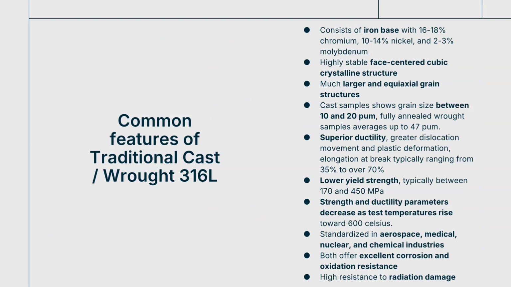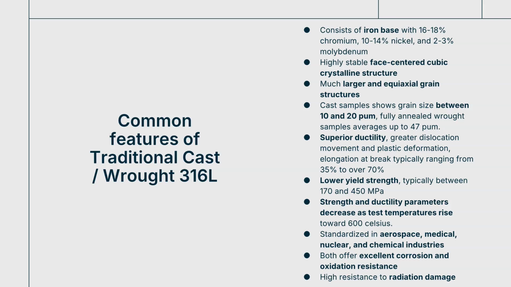Here are the common features of the traditional cast and Wrought 316L. They all consist of an iron base with 16 to 18% chromium, 10 to 14% nickel, and 2 to 3% molybdenum. They also offer a highly stable face-centered cubic crystalline structure with much larger, equiaxial grain structures.